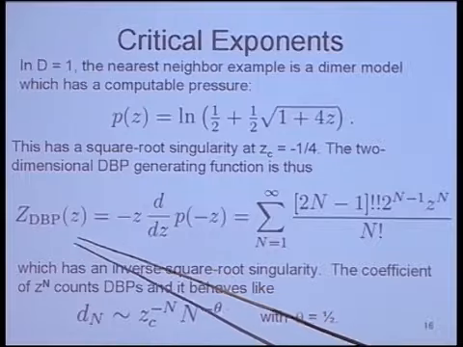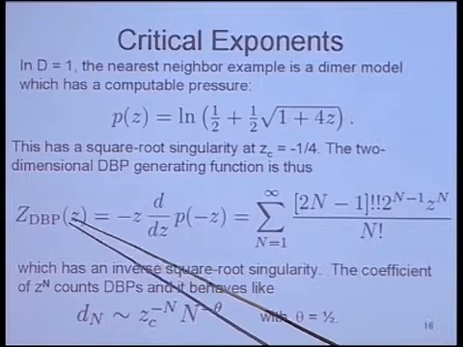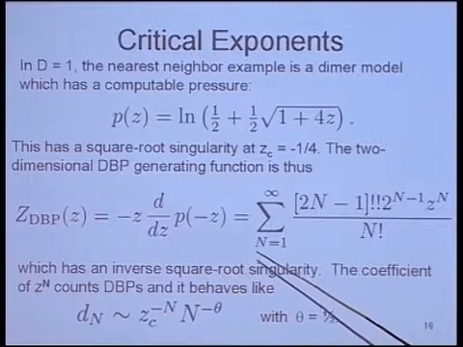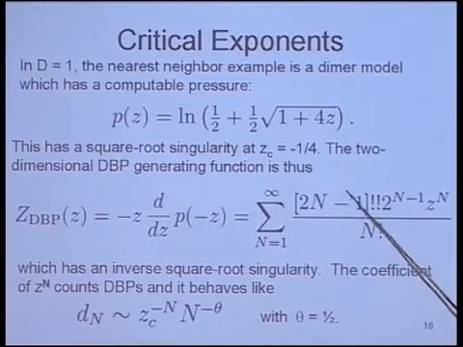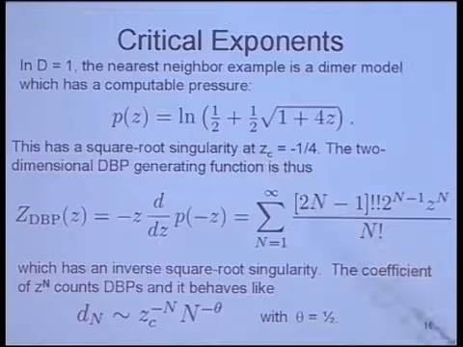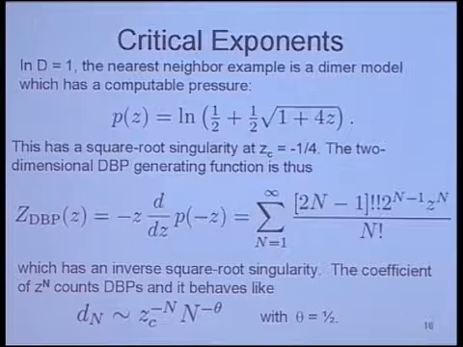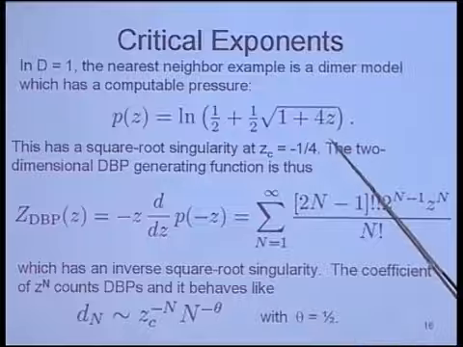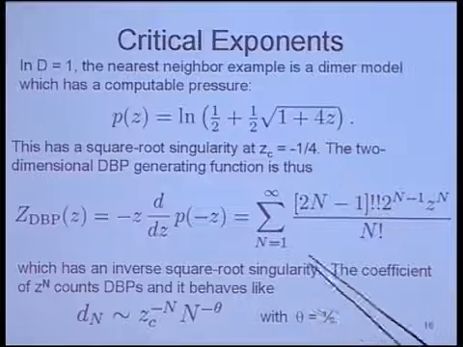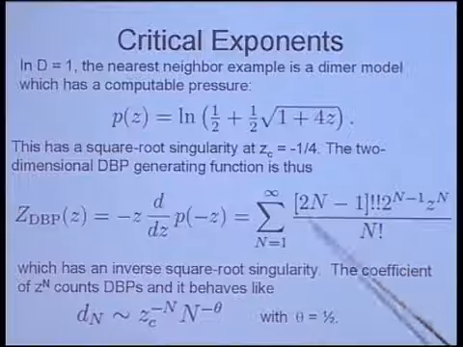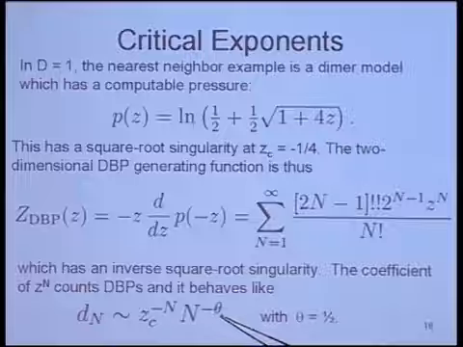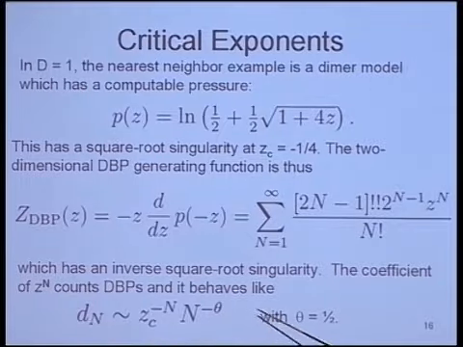Then we have the computation of the directed branch polymer generating function by differentiating the pressure, and just expanding this logarithm out, we can get these coefficients. And this also has the inverse square root. Now, you differentiate a square root, you get an inverse square root singularity. And then you can do the asymptotics on these coefficients, and you learn that theta, which governs the asymptotics for the number of directed branch polymers of size n, is equal to a half.